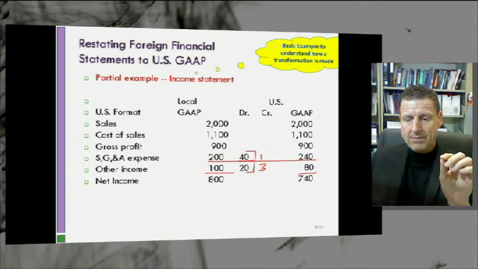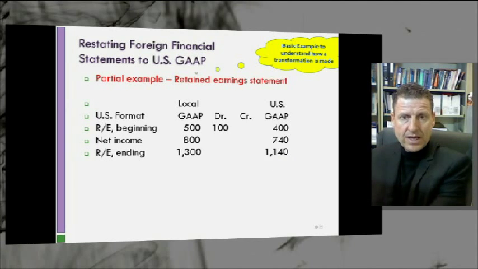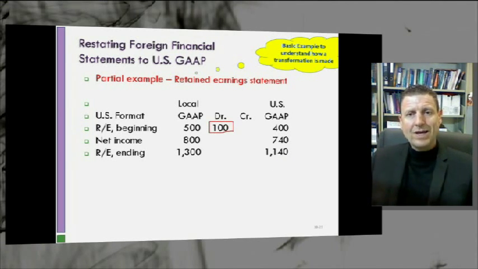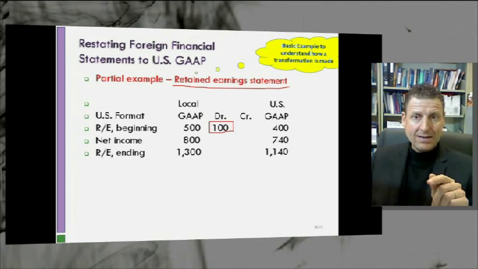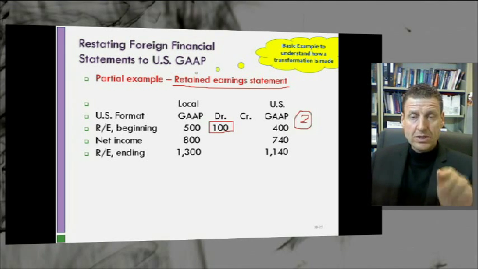Now remember our number 2. Our number 2 is this little baby here. And why is this here? Because now we're in the retained earnings statement, and this is number 2. All right, so let's just circle 2 so we know where we are. Number 2.